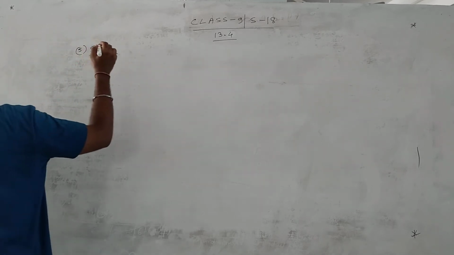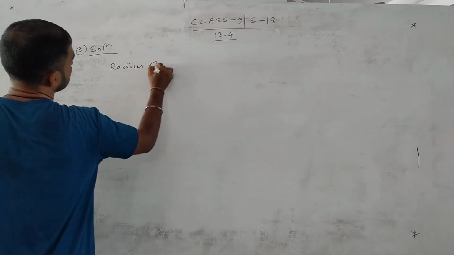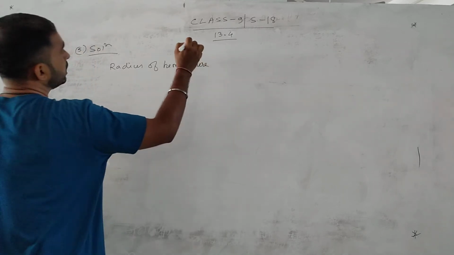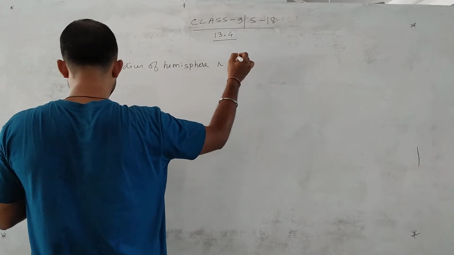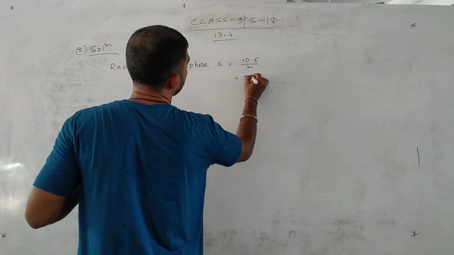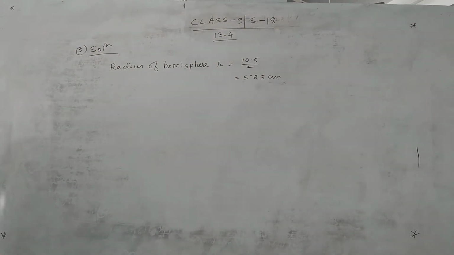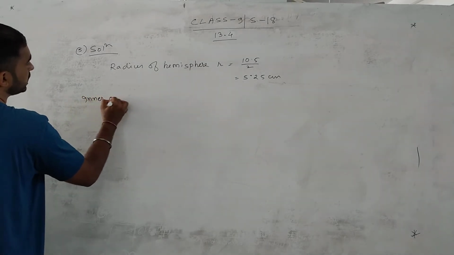Here radius of hemisphere, suppose r equal how much? Diameter 10.5, so diameter by 2 equal 5.25 centimeter.